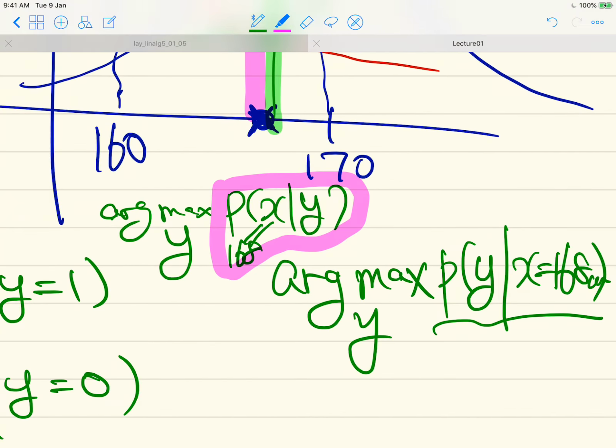But here we considered actually this guy, p of y given x is equal to 168, right? So this is clearly different from that one.